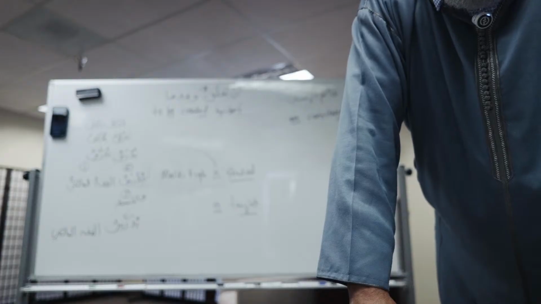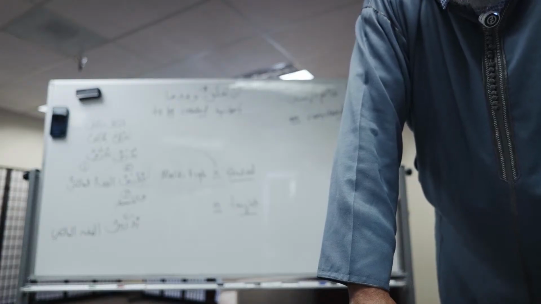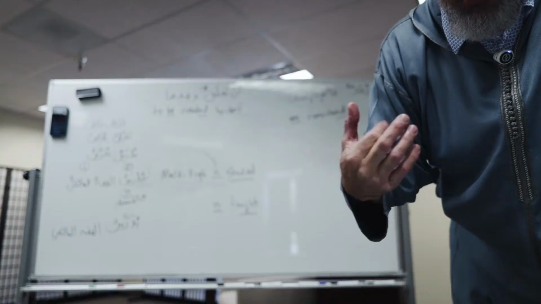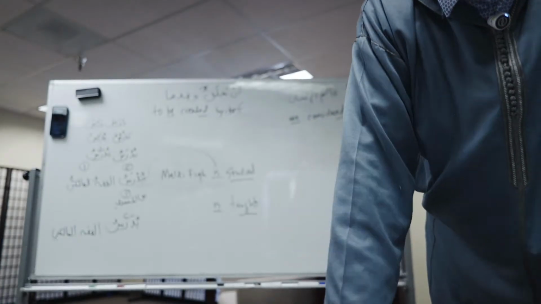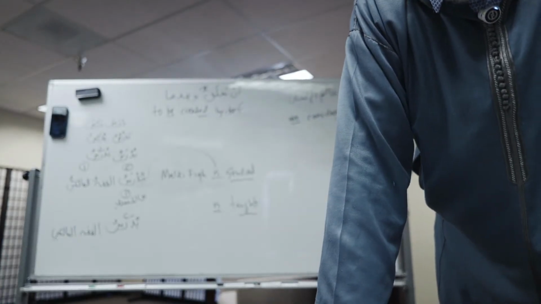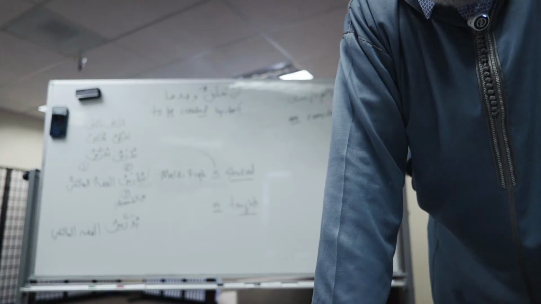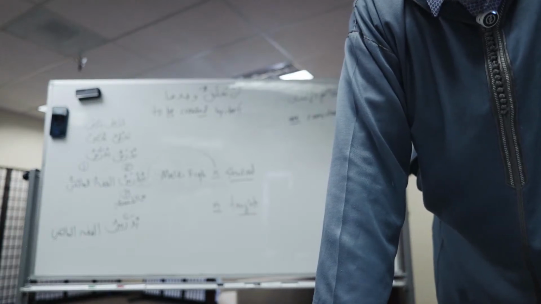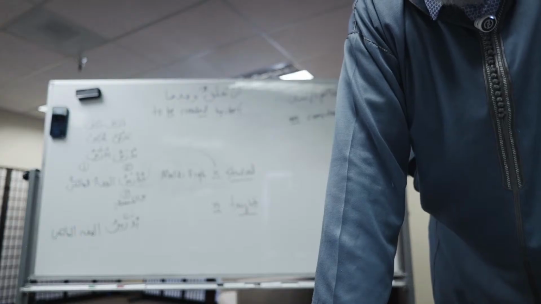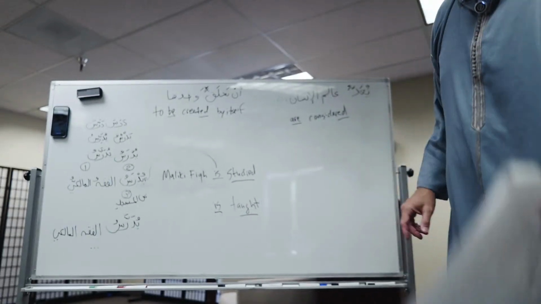وَدَلِيلُ حُدُوثِ هَذِهِ الْعَوَالِمِ, right? And the proof that these worlds were brought temporally into existence, وَخَلْقِهَا, and relating to their creation, مَا يُوجَدُ فِيهَا مِنْ حَرَكَةٍ وَسُكُونٍ. So he says what?